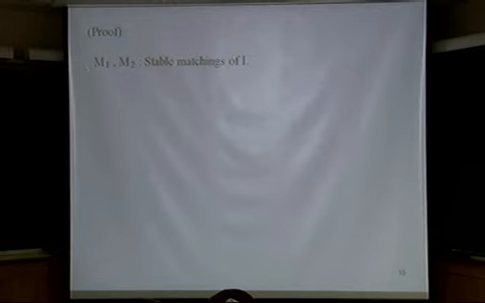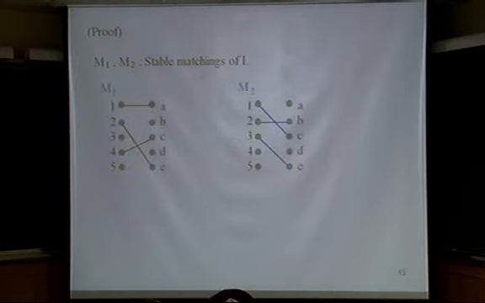Suppose M1 and M2 are two stable matchings for the same instance I. We will construct a bipartite graph using the union of M1 and M2. This is a bipartite graph, and the degree of each vertex is at most 2.